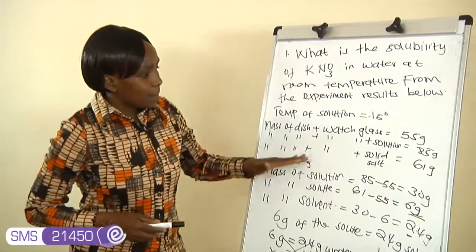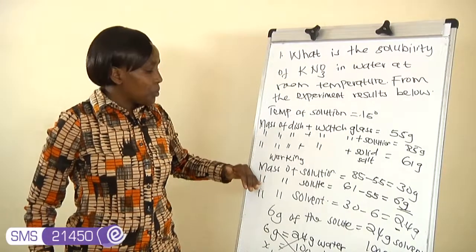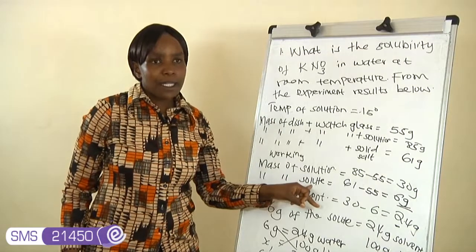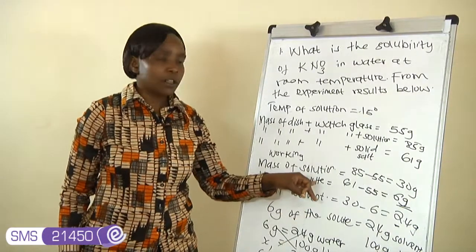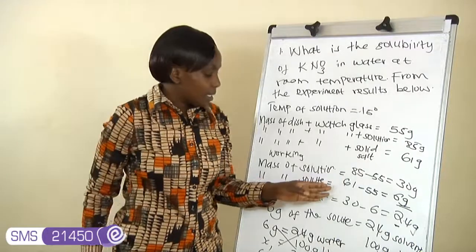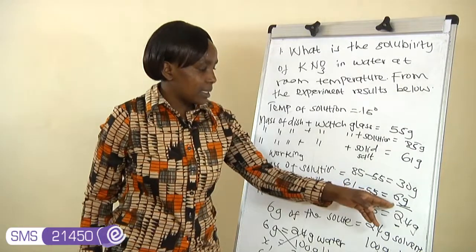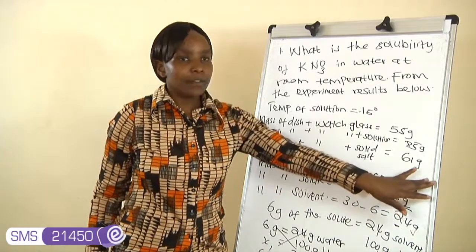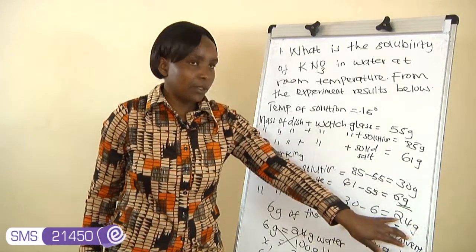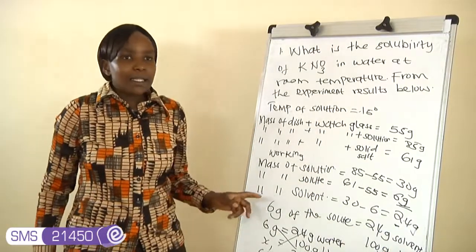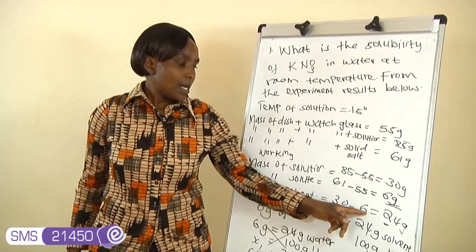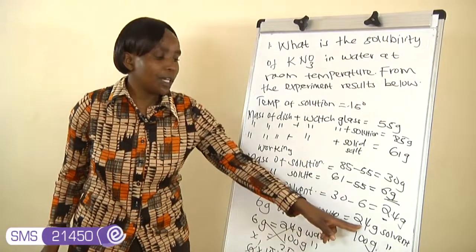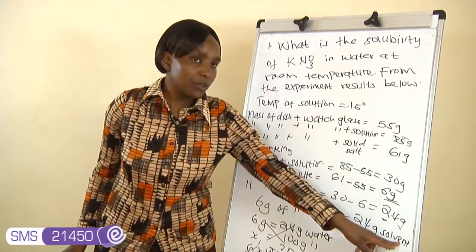So I just repeat here. From this point, what you're supposed to do is get the mass of the solution, the mass of the solvent, and the mass of the solute. You have obtained the mass of the solute to be 6, the mass of the solvent to be 24, and the mass of the solution was 30. Then it tells us that 6 grams of the solute is dissolving in 24 grams of the solvent.